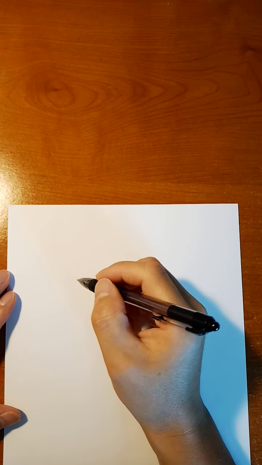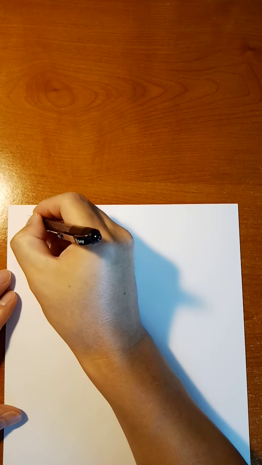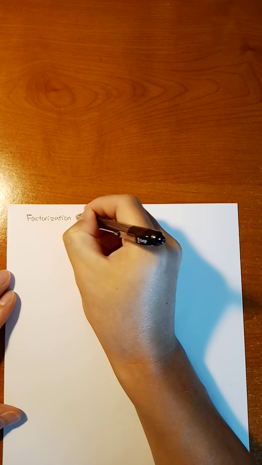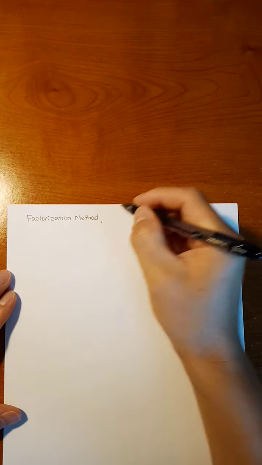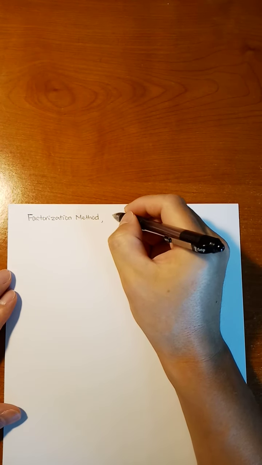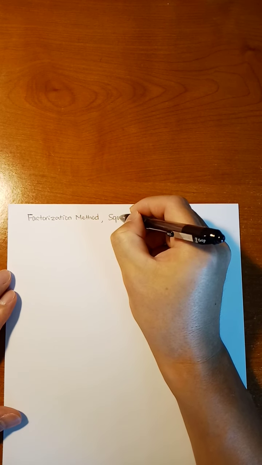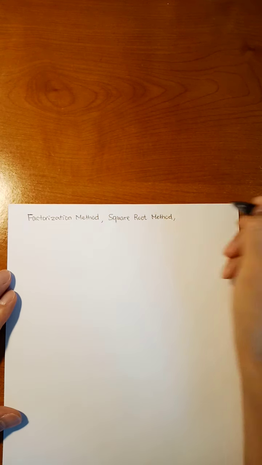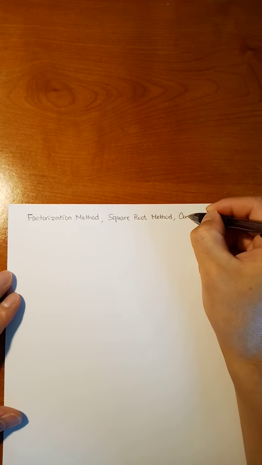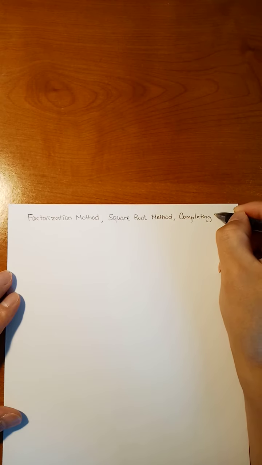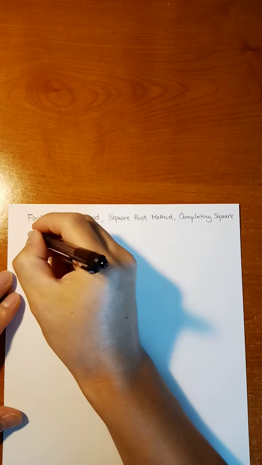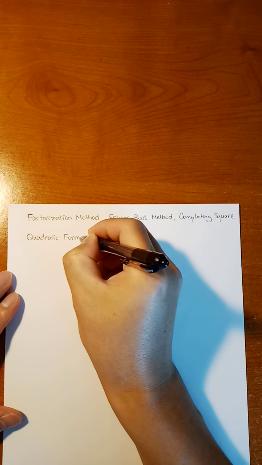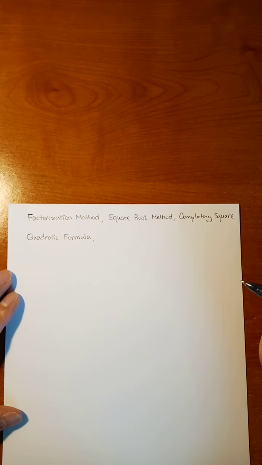Remember, quadratic equations have the factorization method, the square root method, the completing the square method, and the quadratic formula. So we actually have those four parts.